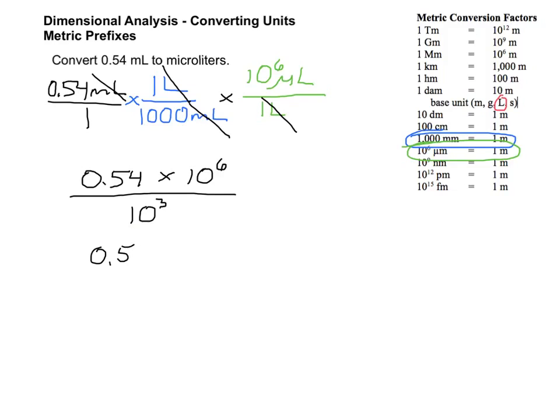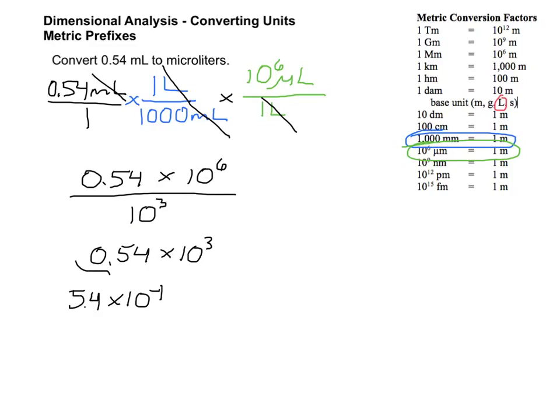So this becomes 0.54 times 10 to the 3rd, because 6 minus 3 is 3. But this number still is not in correct scientific notation form, so we have to clean it up a bit. If you think about the 0.54 part, it could be rewritten as 5.4 times 10 to the negative 1.